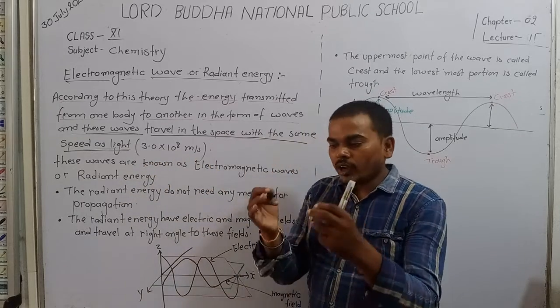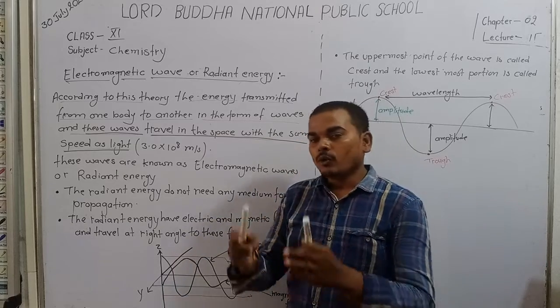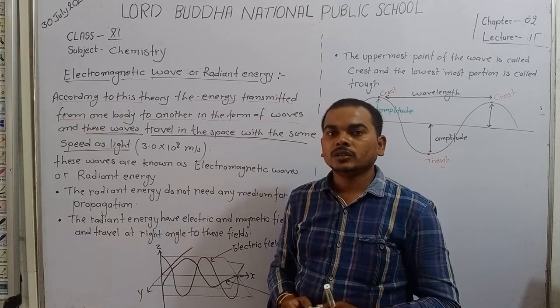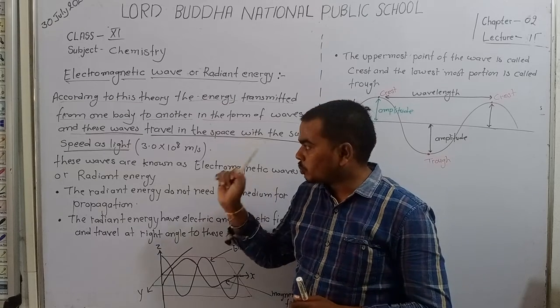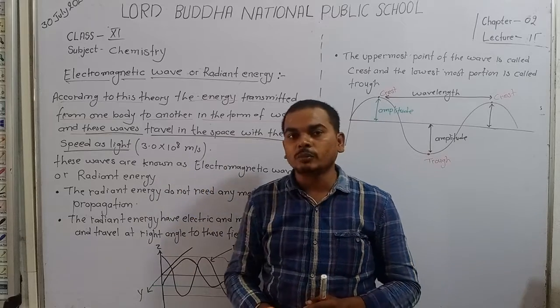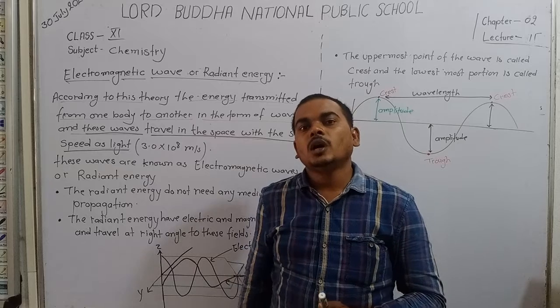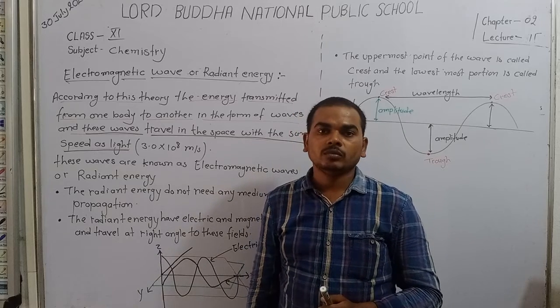So the radiation transmitted from one body to another in space has a speed of 3.0 times 10 to the power 8 meters per second, which does not depend upon the nature of the wave.